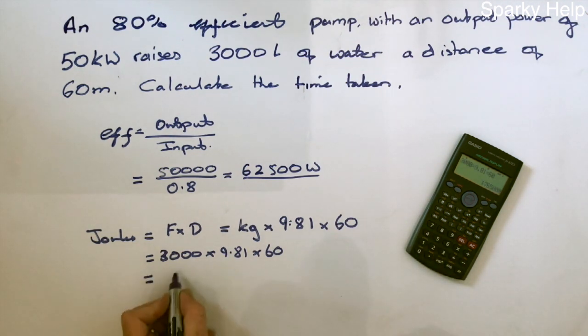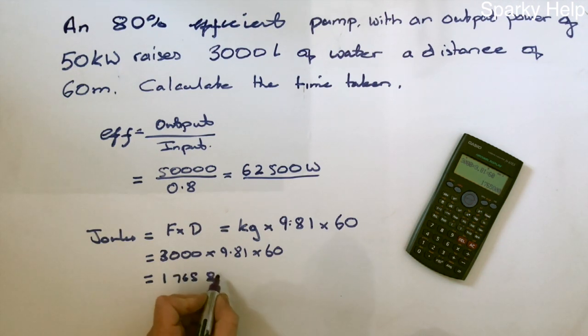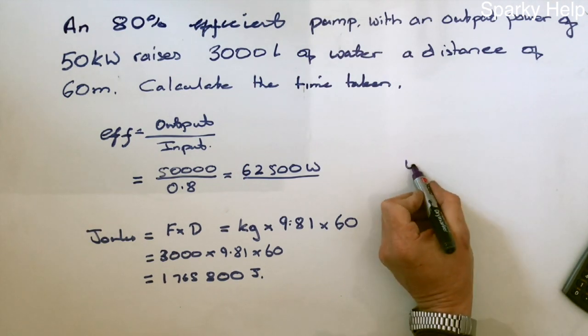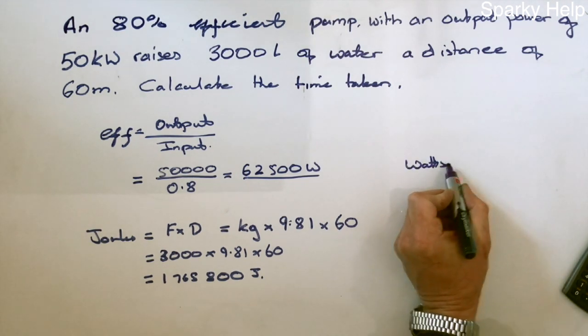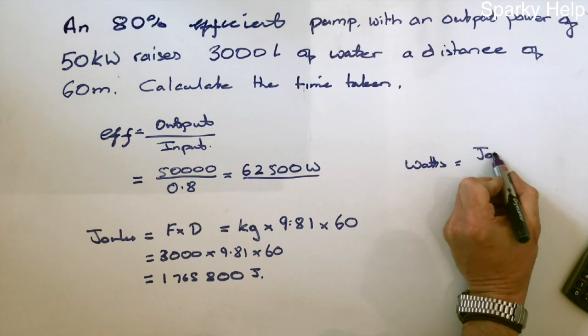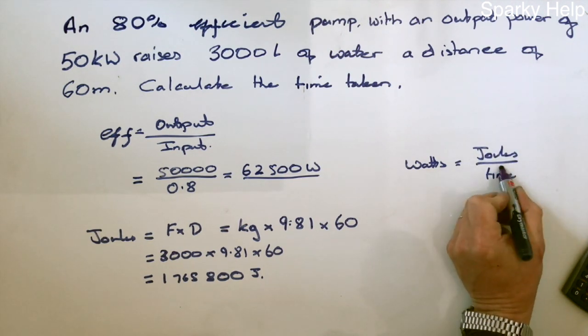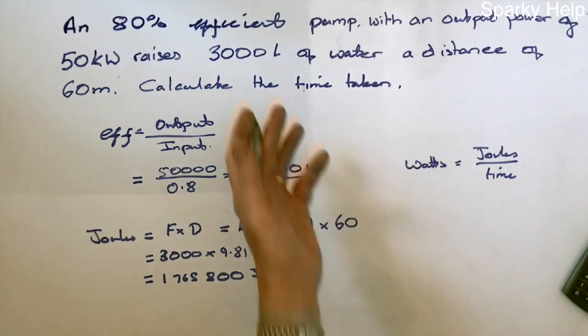And it's another big number, but it's 1,765,800 joules, so about 1.7 million joules of energy required to lift that. So we know that watts is equal to joules divided by time in seconds, and that's the bit we're after.